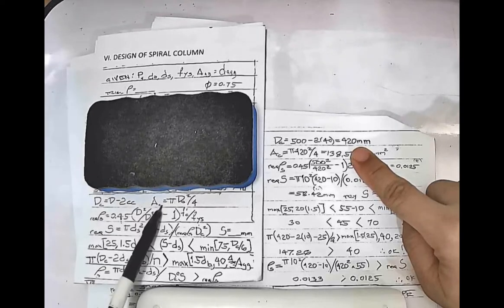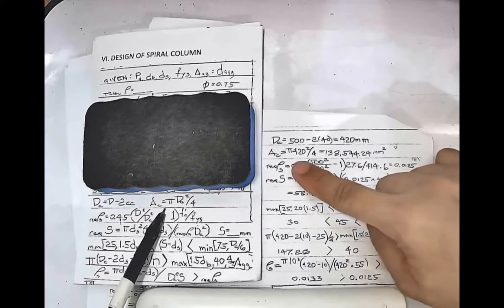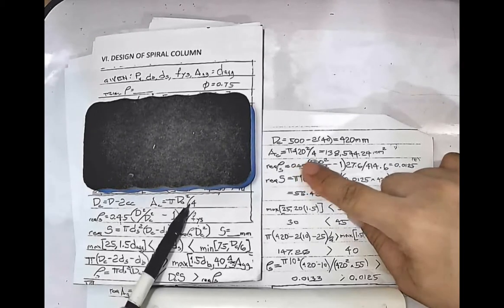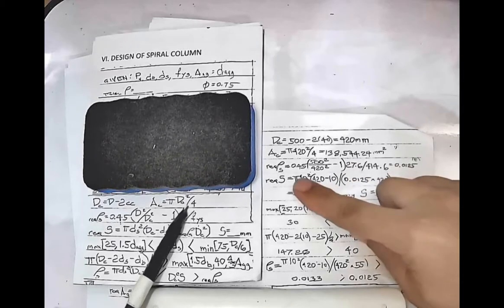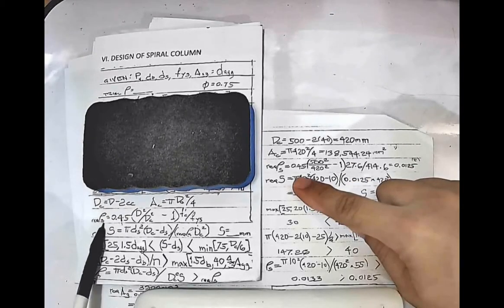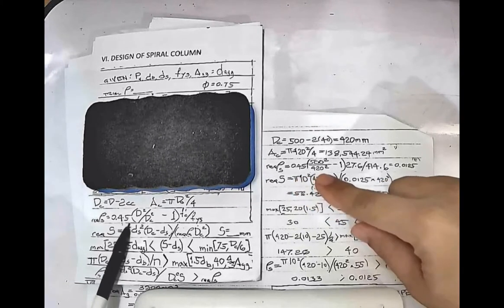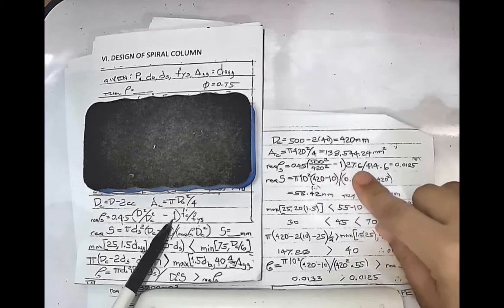Next, you compute the area of core. You have AC, area of core is pi times DC square all over 4. You get 138,544.